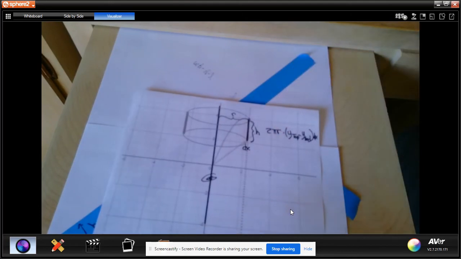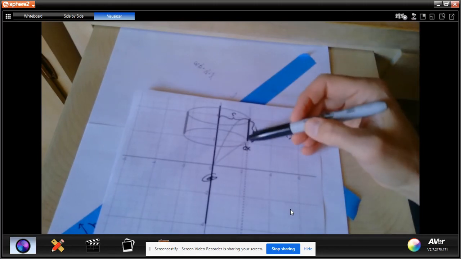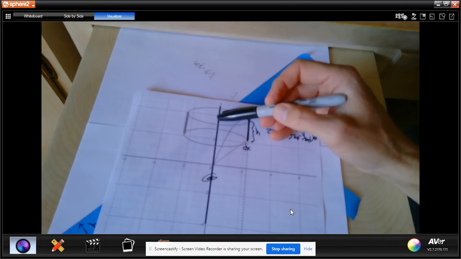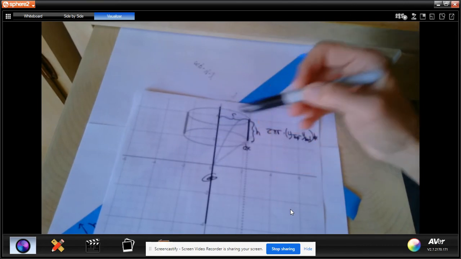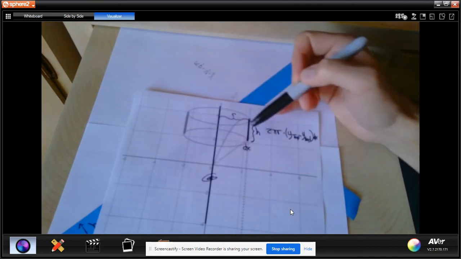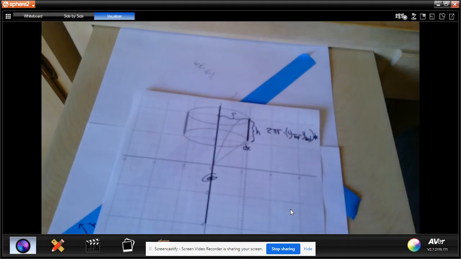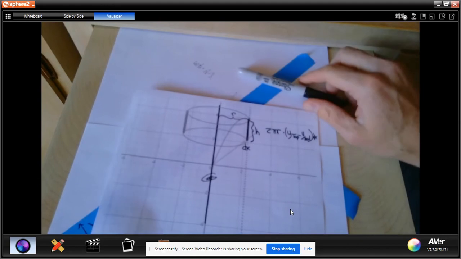And it also has a thickness of dx. What's happened here is my slice is now parallel instead of perpendicular to the axis that I'm rotating around. And so that creates shells, whereas perpendicular slices tend to give you discs and washers.